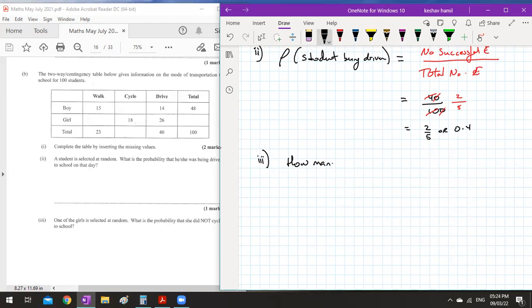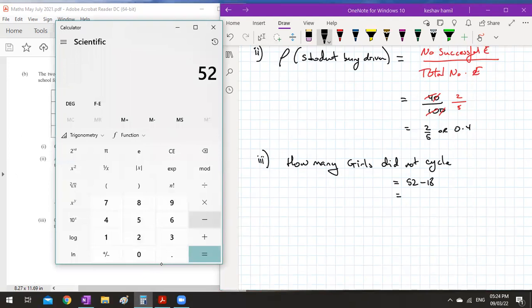Let's highlight a little bit. How many girls did not cycle? Right. So the number that cycle is 18, and the total number of girls is 52. So 52 minus 18.